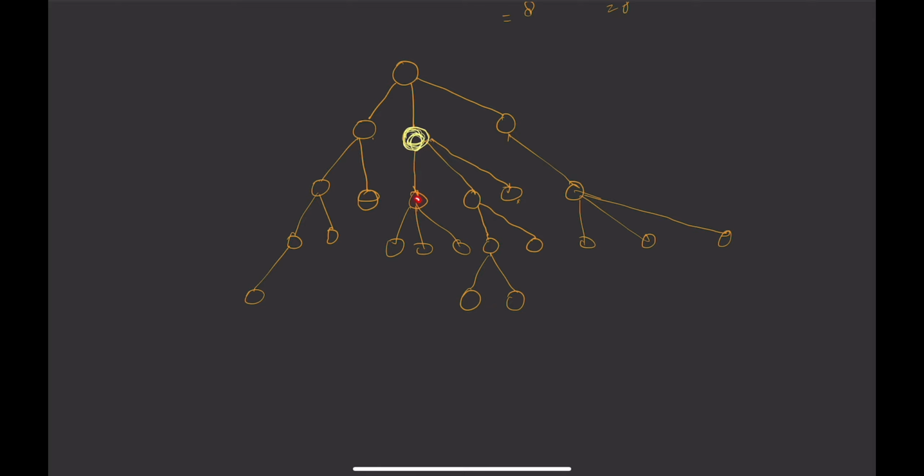So if I know this answer, can I say for this node also, all those sums will increment by 1, right?